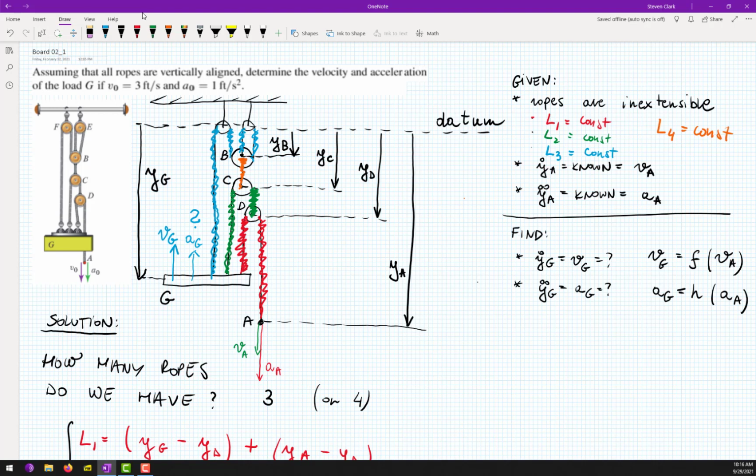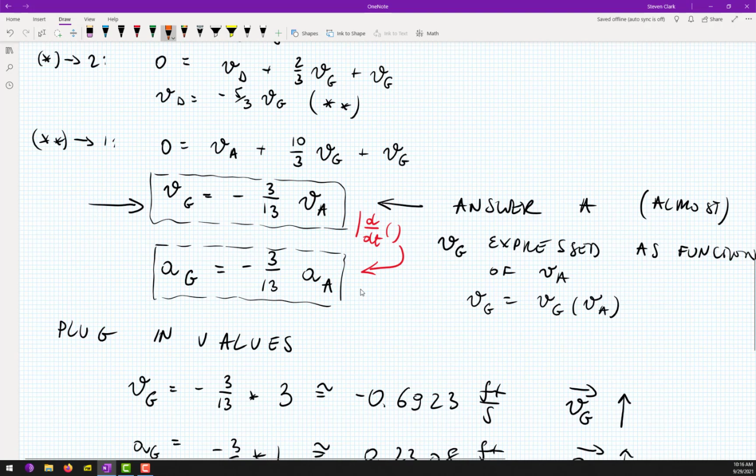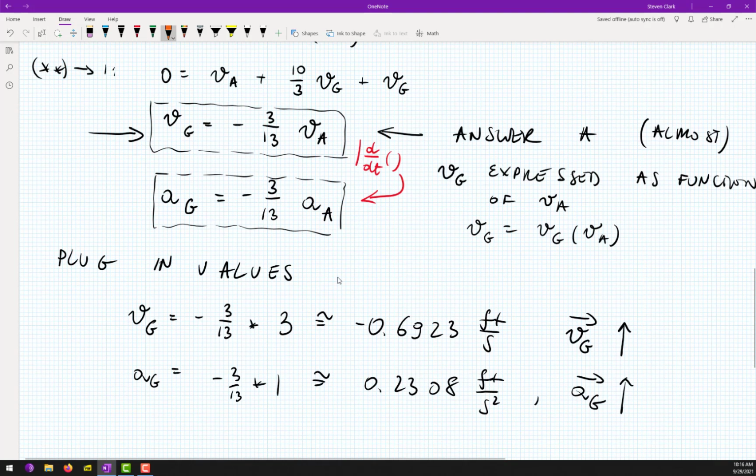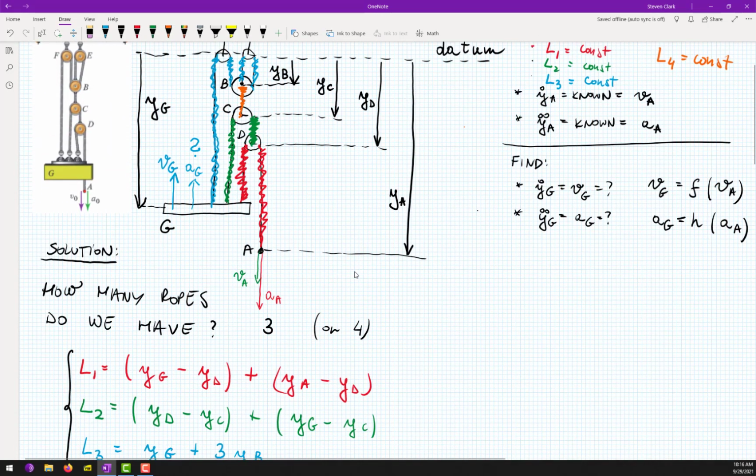Cool. Any other questions? Clara? From negative to positive. Sure. Let's look at the picture. Remember, this is our positive. VA points downwards and AA points downwards, okay?